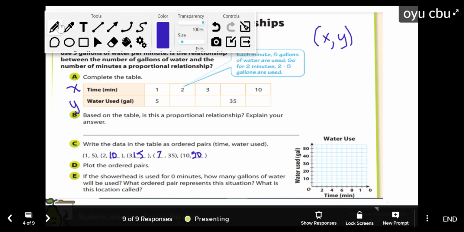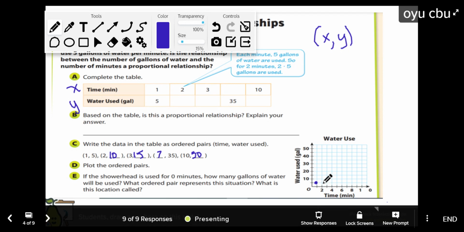So we have (1, 5). To graph (1, 5), look at me. I'm going to go across 1 and up 5. Notice the tick marks for the water are by 5s. The numbers are by 10s. The tick marks are by 5s. So my first point is going to be on the very first square of 1 and 5.